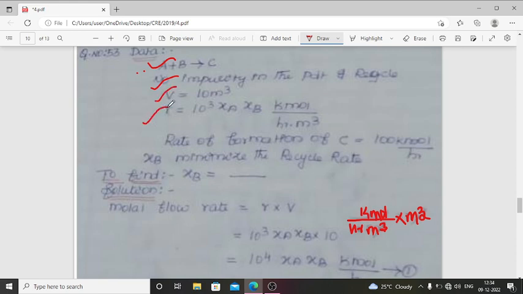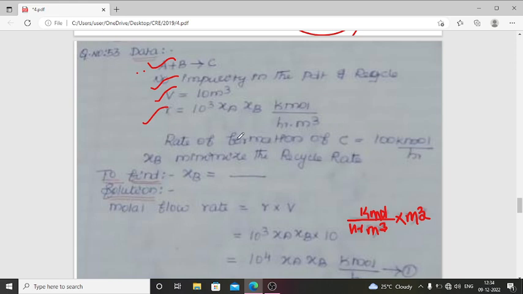Rate of reaction R is equal to 10 to the power of 3 XA XB kilomole per hour meter cube. Rate of formation of C is 100 kilomole per hour. XB minimizes the recycle rate. So the objective of this question is to determine XB, the mole fraction of B.